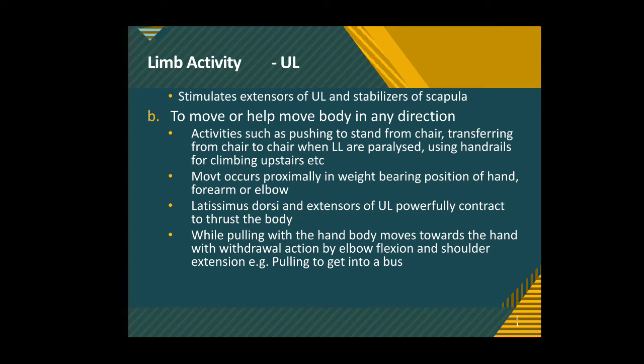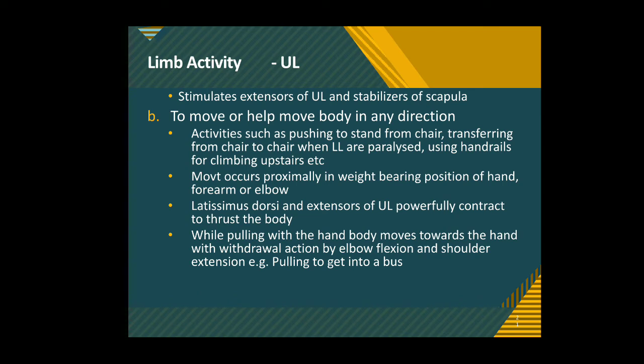Activities such as pushing to stand up from a chair or transferring from one chair to another chair or bed when the lower limbs are paralyzed, or using a handrail for climbing upstairs, are examples of helping move the body in the desired direction.